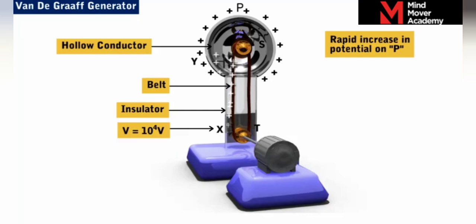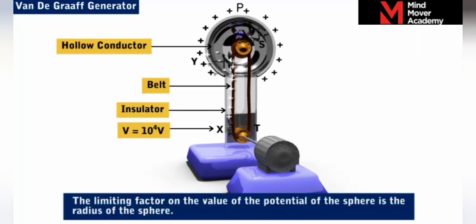The potential builds up till the corresponding electric field reaches close to the breakdown field of air, which is of the order of 3 × 10 power 6 volt per meter. The limiting factor on the value of the potential of the sphere is the radius of the sphere.